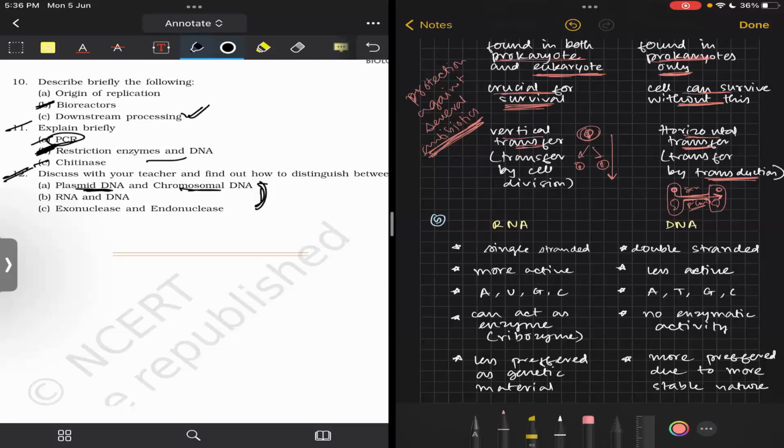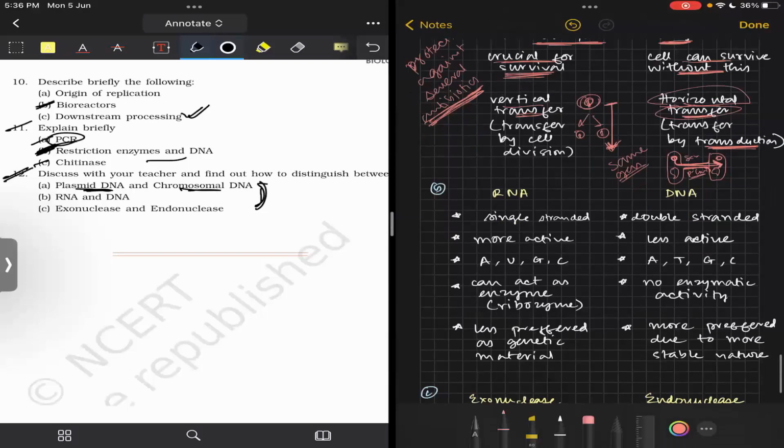And that's how the transfer of plasmid goes. I mean, transfer of plasmid is generally in the same generation. That's why it is known as horizontal transfer. But the transfer of chromosomal DNA is from one generation to the next generation. So it is vertical transfer.